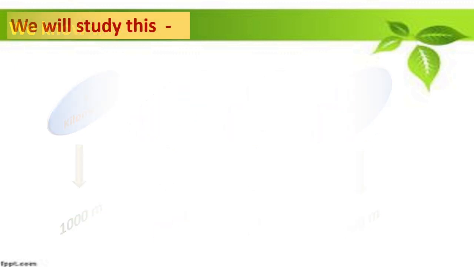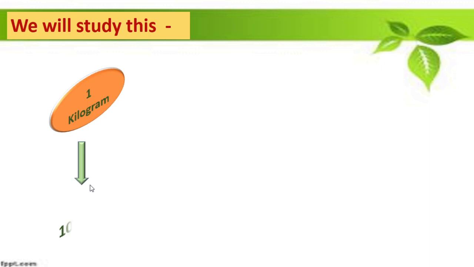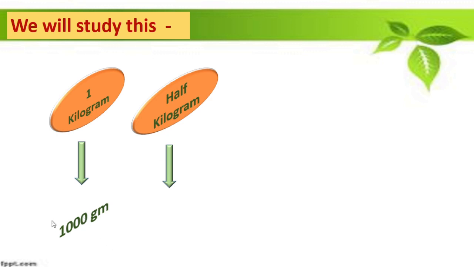Now we will study this. See here, 1 kilogram. Yes, 1 kilogram is equal to how many gram? You are right, 1000 gram. We write g also, gm also. Now, half kilogram is equal to how many gram? Half of 1000 gram is nothing but 500 gram.